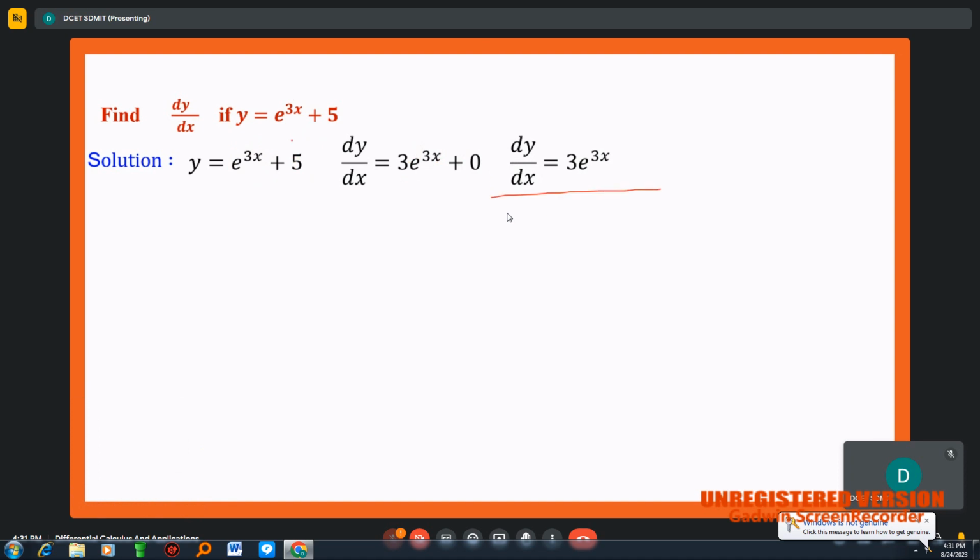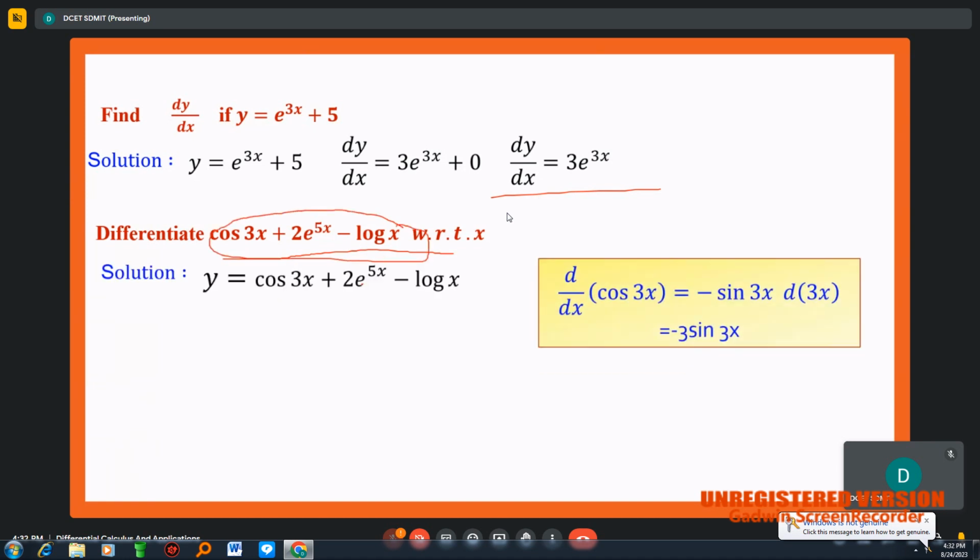Okay. Yes. Now tell me, what is the differentiation of cos 3x plus 2 e to the power of 5x minus log x? Now I'll consider this as y. y is equal to cos 3x plus 2 e to the power of 5x minus log x. Now we have to differentiate cos 3x.